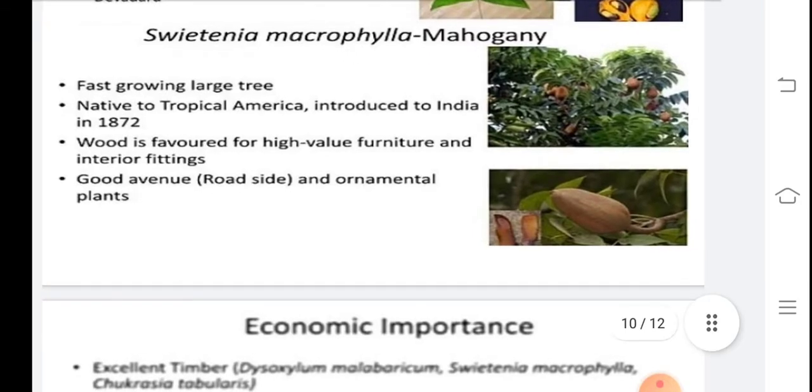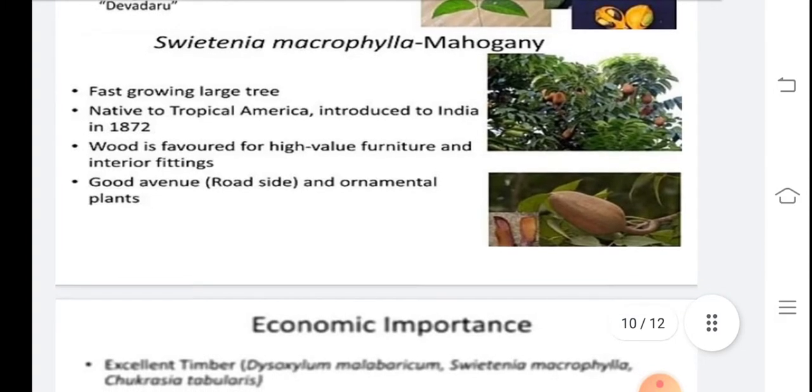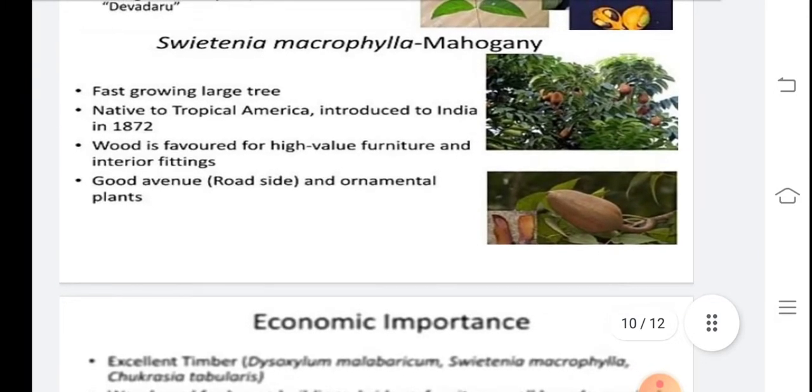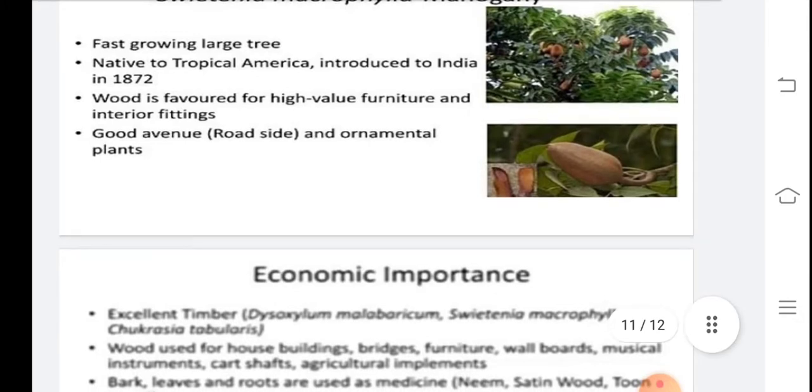You see how the tree is. It is commonly found in America and was introduced to India after 1872, so it is cultivated here. It makes a good avenue tree. Due to being evergreen, there is no leaf fall.